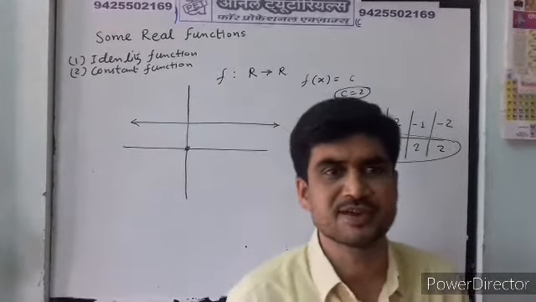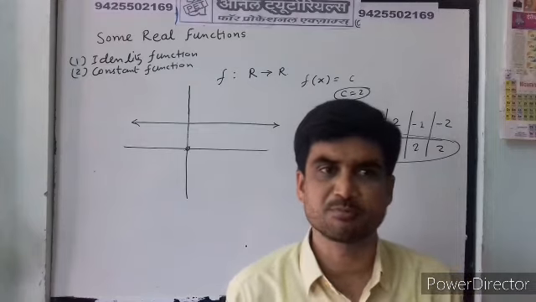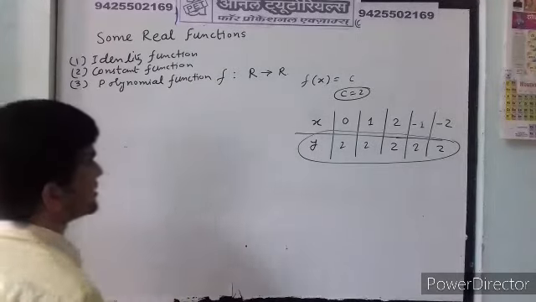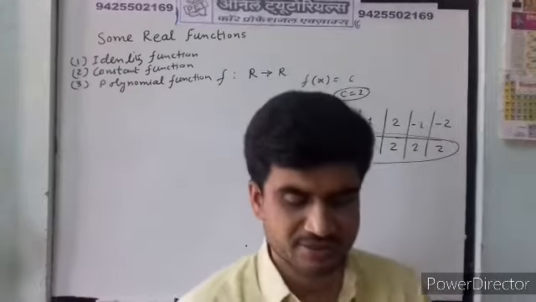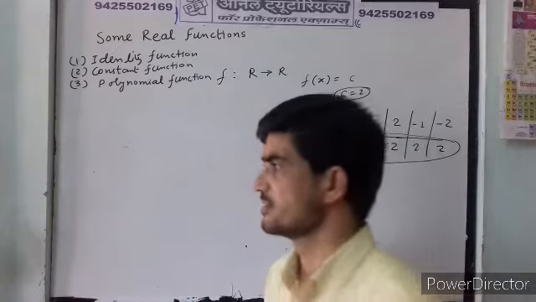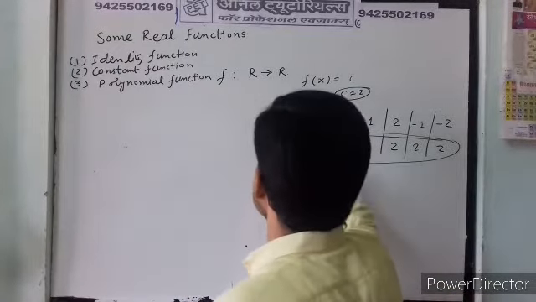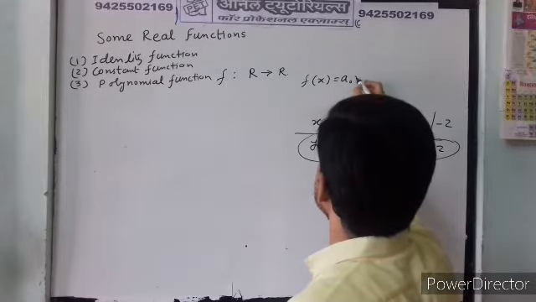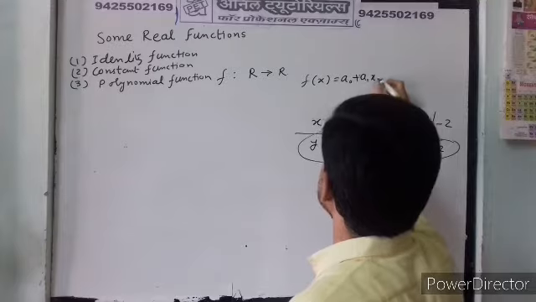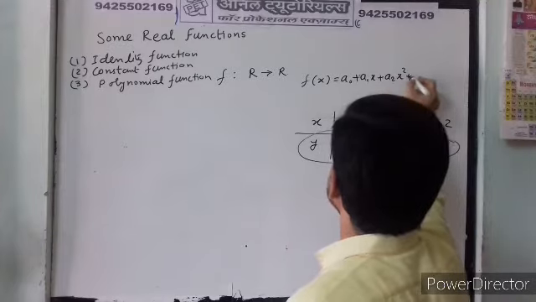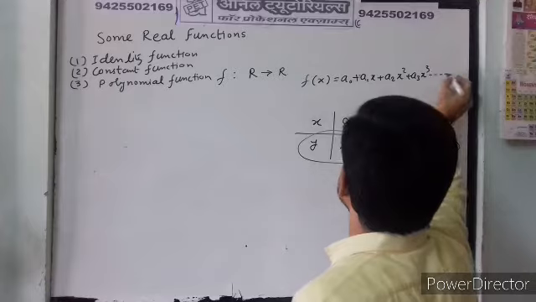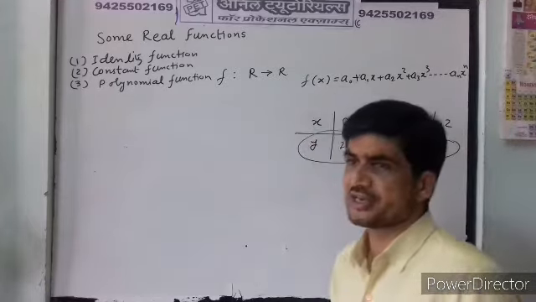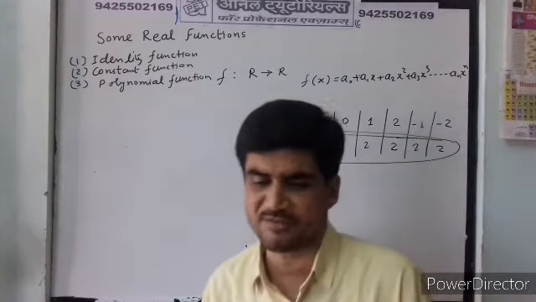Okay, next function I am taking is called the polynomial function. Say a polynomial function is expressed as f: R to R, where f(x) is like this. Here the terms are in increasing order of power of x.